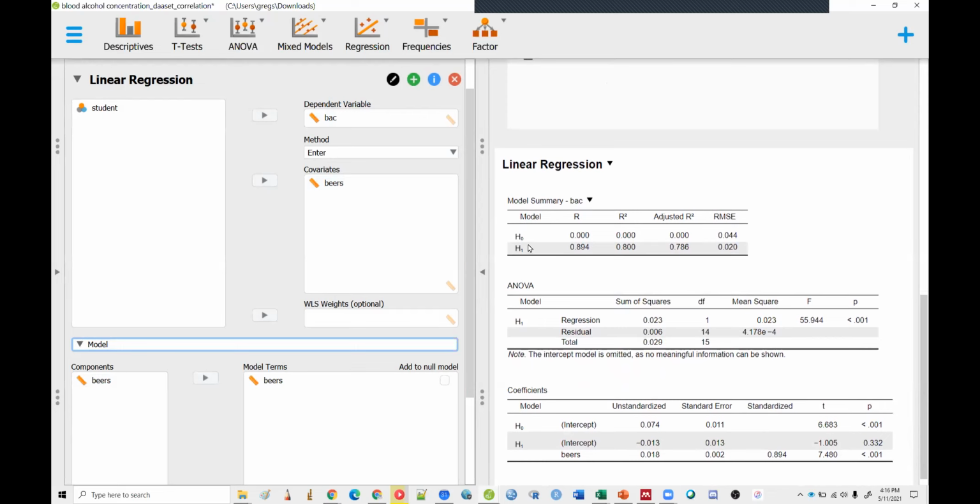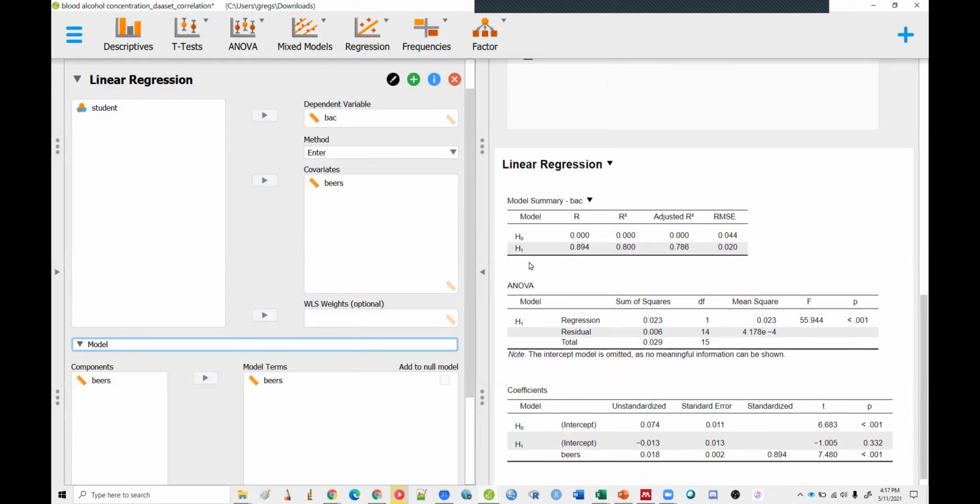Notice that H1, first of all, you have a null hypothesis that predicts this uppercase R, which is just basically, when you have only two variables, the same as lowercase r, the Pearson's r. And remember, when we're testing a correlation coefficient, it's always going to be testing against the null hypothesis that there is no correlation between the two variables.